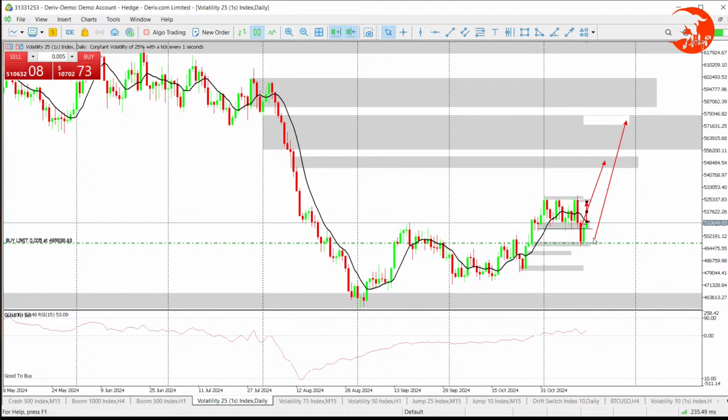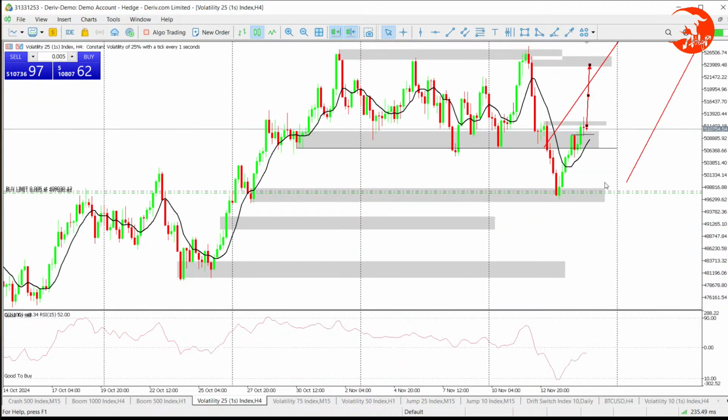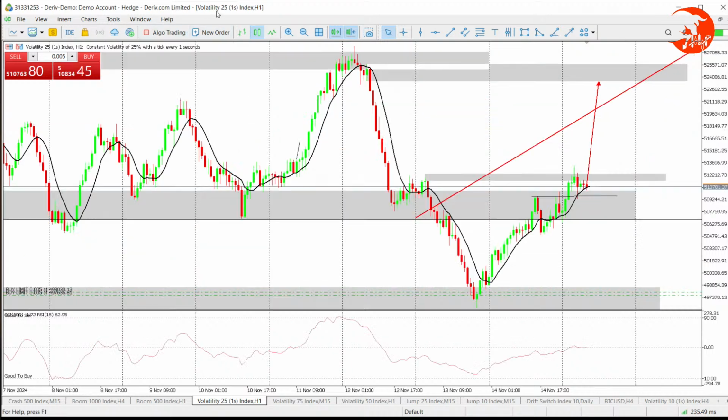And another TP level will be up there. So that's what we'll be waiting for. So for now, it's a no-go until there's a breakout on this resistance level.